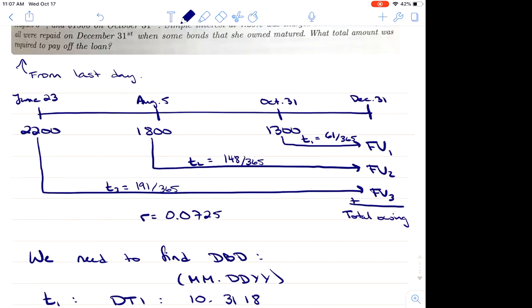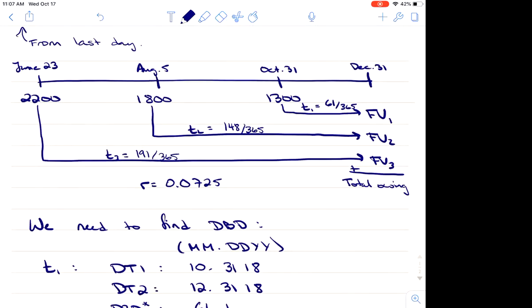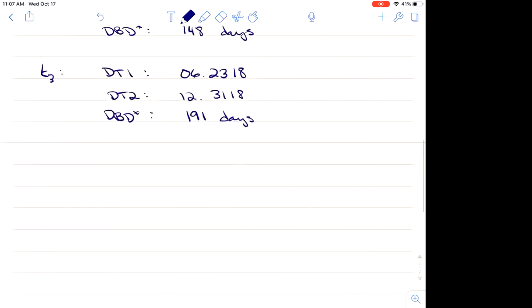Okay, so now we can calculate each of these future values. Right? So future value 1 is, and we have our formula sheet, right? The future value is the principal amount times 1 plus RT.